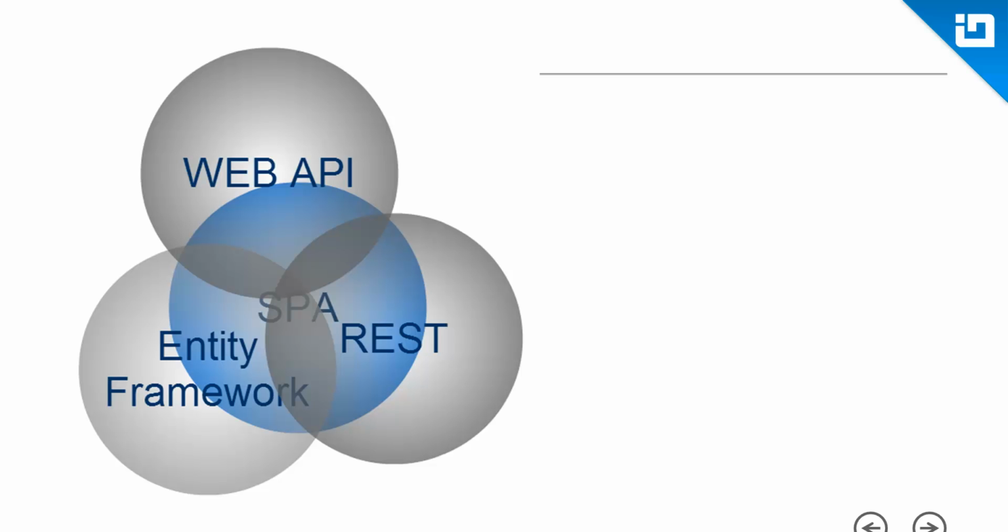So if you look at this image right here, not only do you see the single page application, but you see a lot of other technologies or elements, so to speak, that are often used by a single page application, but aren't actually part of a single page application, right? So what we're going to do is clear up all the noise and just concentrate on the basics of a single page application. So we're going to focus on nothing but the essential pieces for a single page application.